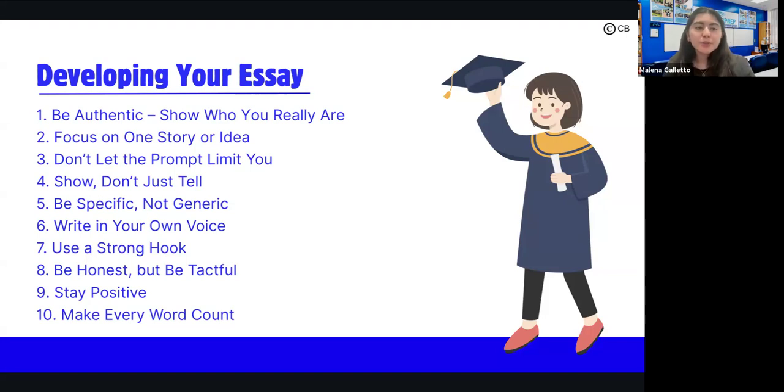This is very similar to the first point, but write in your own voice. A lot of the time, I'll see a draft of an essay where you can tell the person used a thesaurus to replace the words they might typically use with synonyms that sound really fancy or complicated, but you can instantly tell that's not genuinely how they speak or how they think about a certain topic.